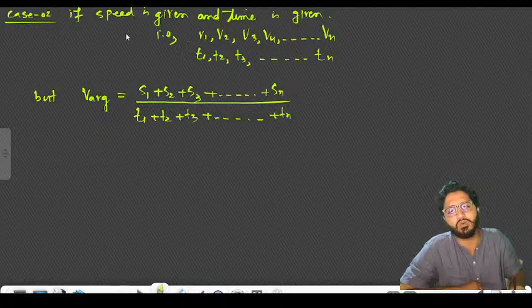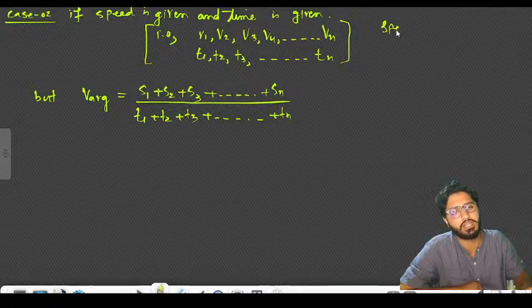How to write the equation now by using these two parameters? One thing we know from 9th class is that speed equals distance by time.